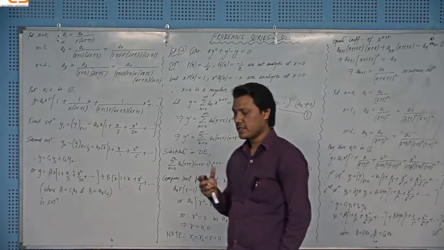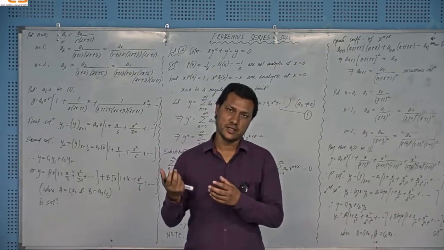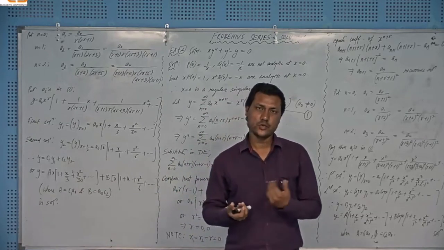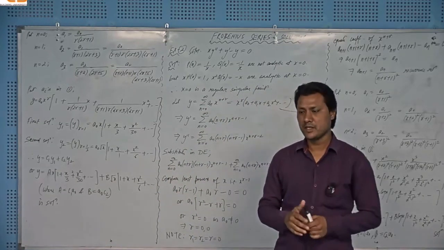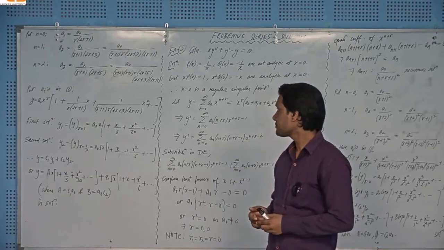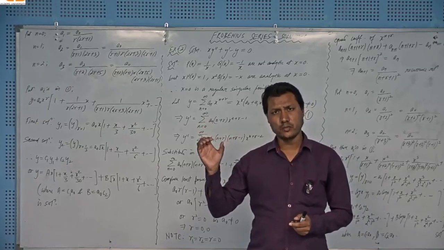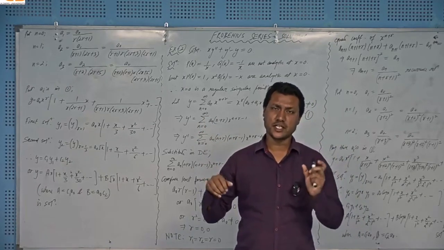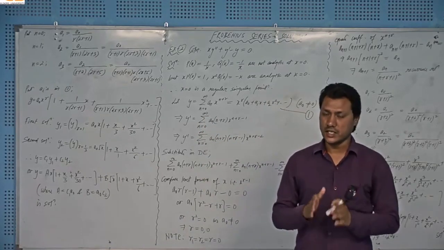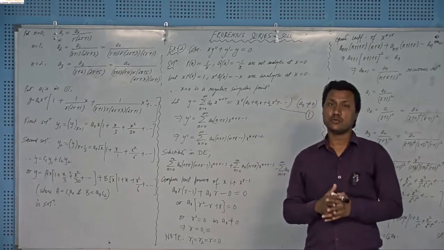It means that for such functions p(x) and q(x), when you multiply p(x) by x minus x naught and q(x) by x minus x naught whole squared, they are converted into analytic functions, right? Roughly, you can say that by merely multiplying p(x) with the first-degree polynomial x minus x naught and q(x) with the second-degree polynomial x minus x naught whole squared, they become analytic. It indicates that p(x) and q(x) are weakly singular functions.